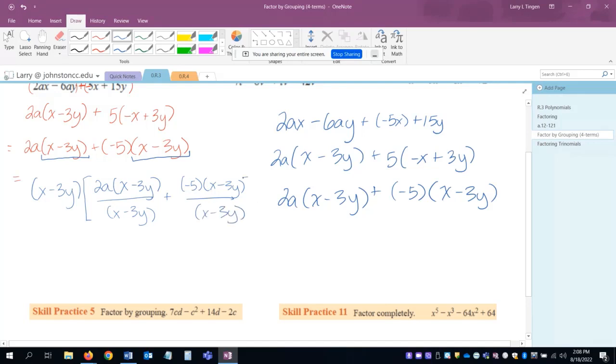Divide that by whatever you just factored out. So what happens? X minus 3y is divided, leaving a 1. X minus 3y is divided, leaving a 1. And now what's left? X minus 3y times the x minus 3y, in the numerator and denominator, divided away. So the only thing left is a 2a plus, and then the negative 5 is the only thing left there, which again gets rewritten as 2a minus 5.